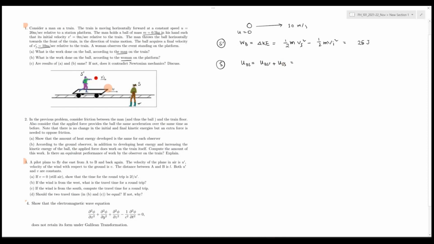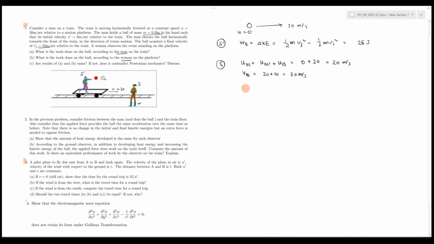Simple relative velocity concept: 0 plus 20, because u is given as 20 meters per second. So initially S sees the ball at 20 meters per second. Finally, the ball speed changes by 10, so the final speed becomes 20 plus 10, which is 30 meters per second.